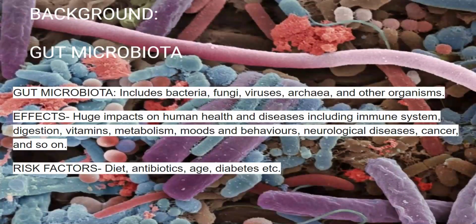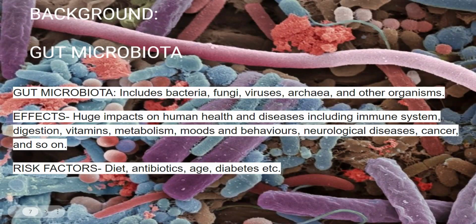Okay, so now I will tell you about the gut microbiota. As we all know, gut microbiota includes bacteria, fungi, viruses, archaea, and other organisms. There are millions and trillions of microbes in our gut and in our body. So what are the effects?